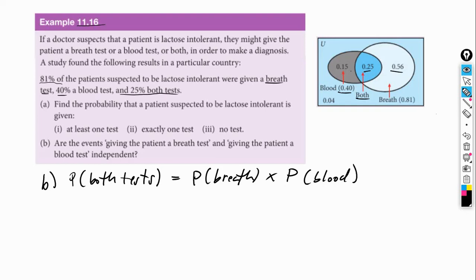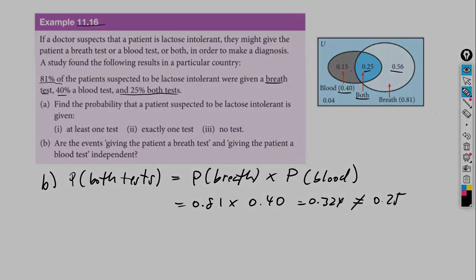And this is going to be 0.81 times 0.40, which is equal to 0.324. But this is not equal to the 0.25 that represents the intersection between blood test and breath test. Therefore, the events of receiving a breath test and a blood test are not independent.